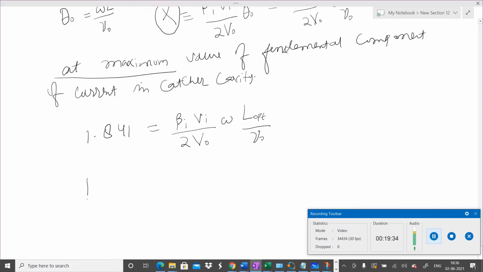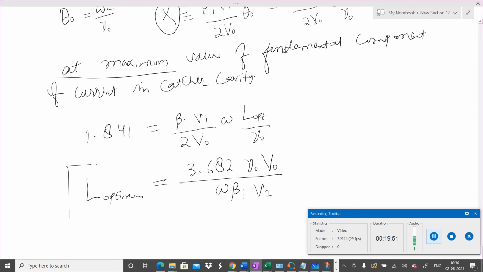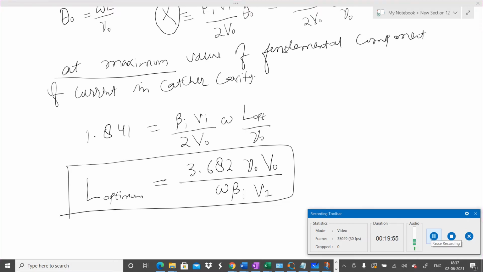Hence we get L optimum as 3.682 times DC voltage V naught divided by omega beta I V1, in terms of the given factors. So this was one of the important results which we wanted to get. This is an important design factor for the Klystron amplifier.